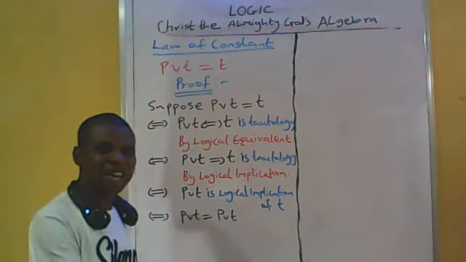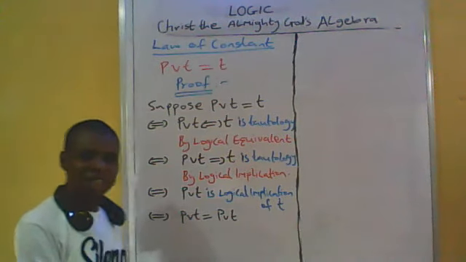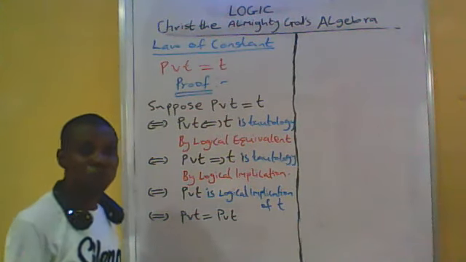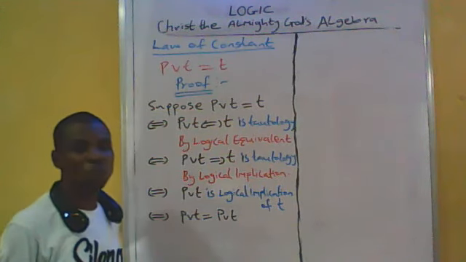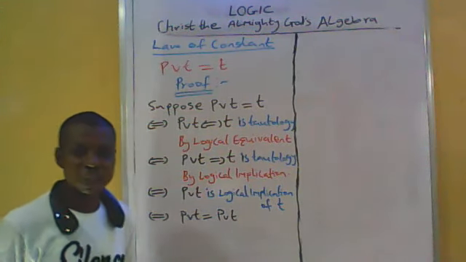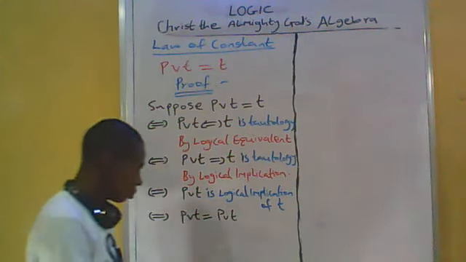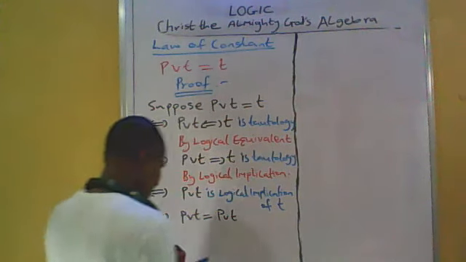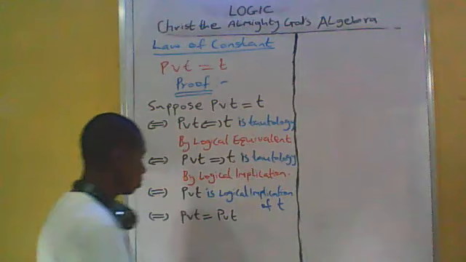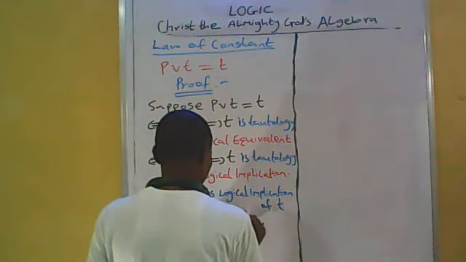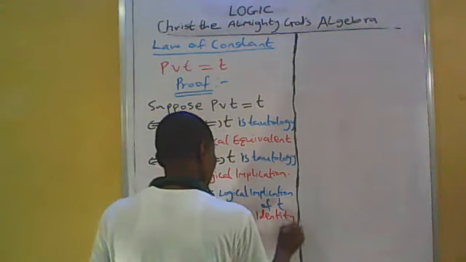Whenever P or T on the right is true, P or T on the left is also true. We say it's logical equivalent. So it is true that P or T is equal to P or T, being justified by identity, that means the sameness.